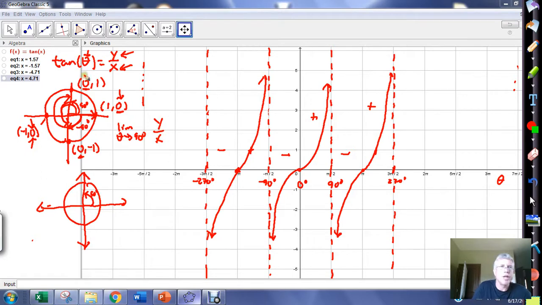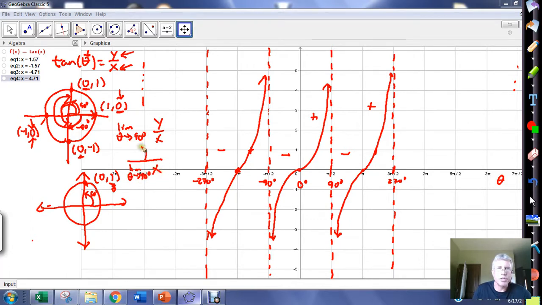This is the tangent ratio: tangent of theta is y over x. As we approach 90 degrees, we're approaching on the unit circle the ordered pair 0, 1. So we expect the y value to become 1, and it would be 1 over the limit as theta approaches 90 degrees.